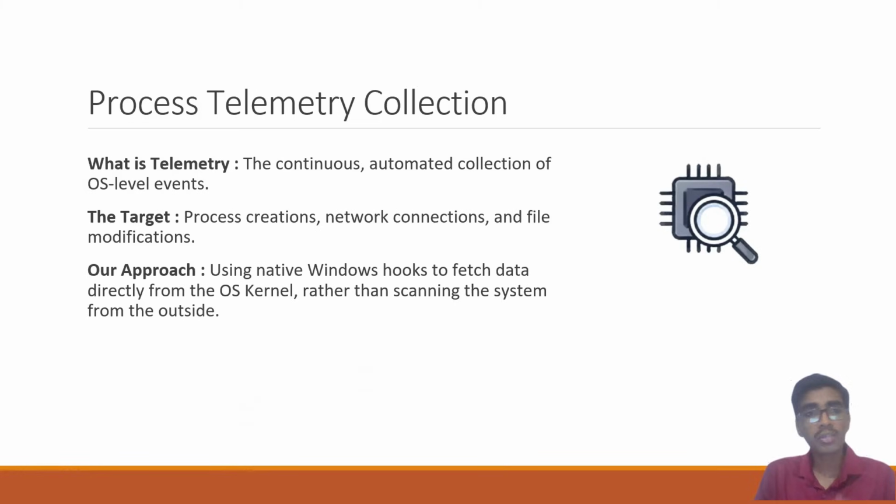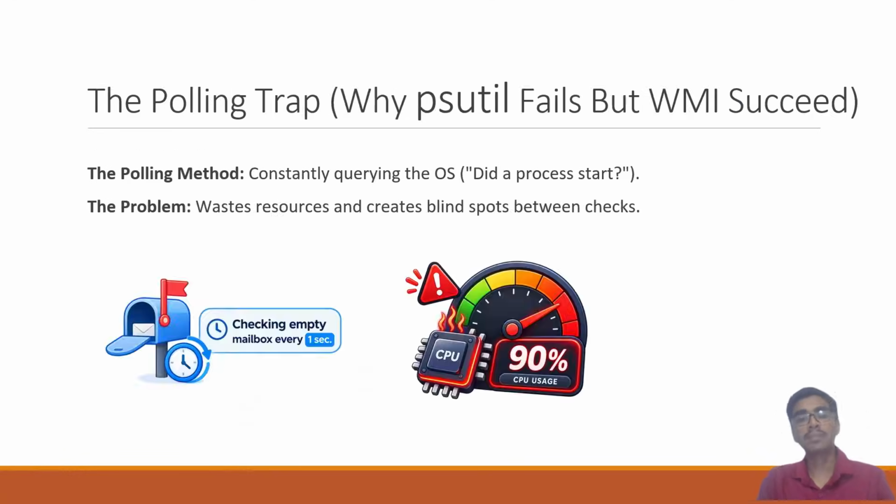Our objective is to collect the data of all the background processes and important processes that can be used for privilege escalation or can crash the entire PC. So we need to identify those processes. That's why we are using this, and our approach is to use the native Windows hook to fetch the data directly from the OS kernel.